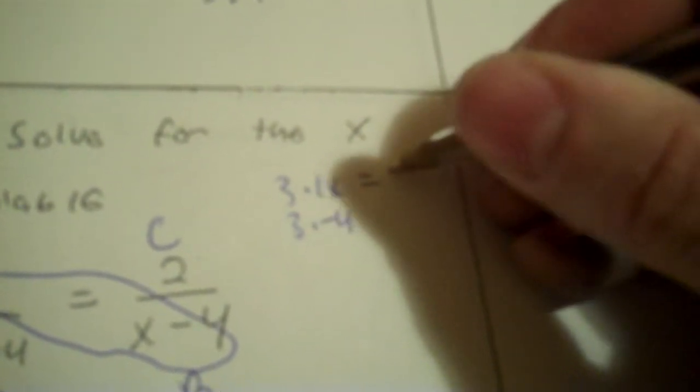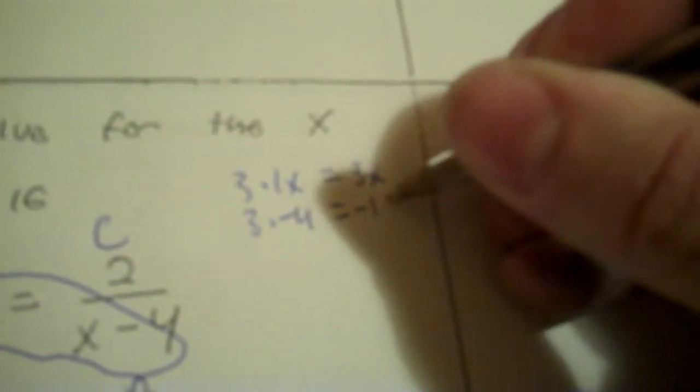Okay, so we have our plus to begin with. So I take 3 times 1x and 3 times negative 4. So that's 3x, and that equals negative 12.